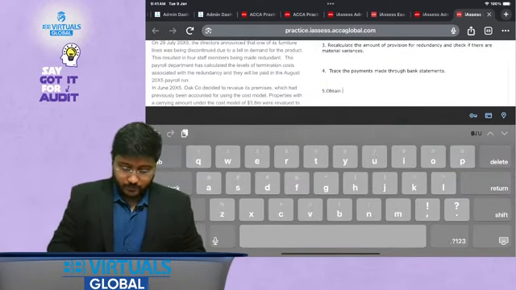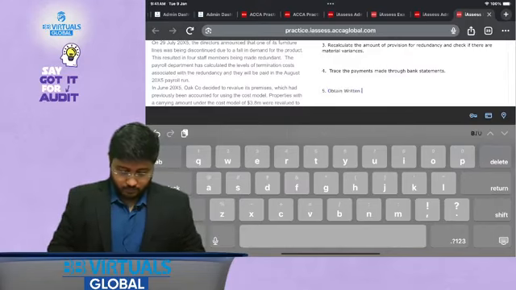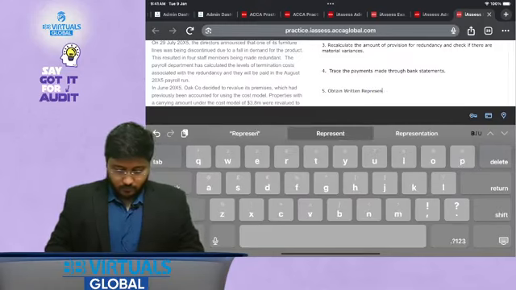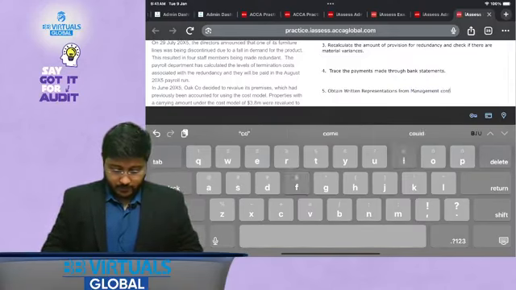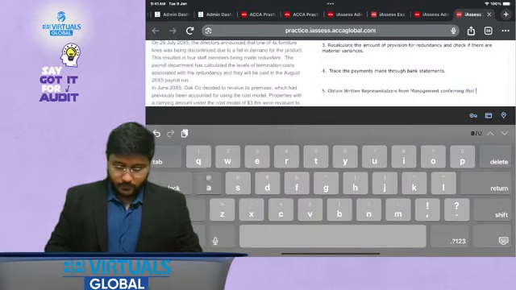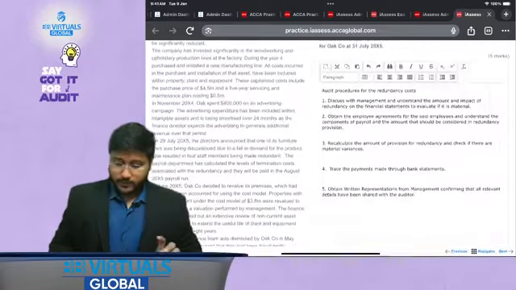Fifth, obtain written representations from management confirming that all relevant details have been shared with the auditor. I hope this is clear.